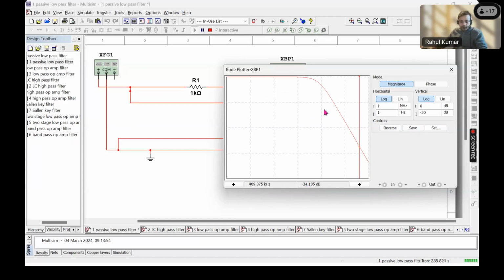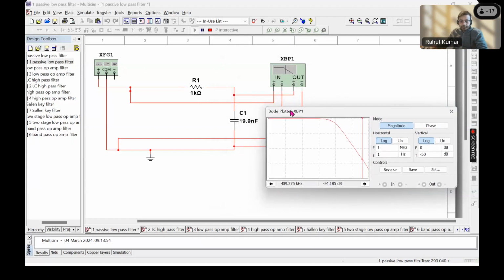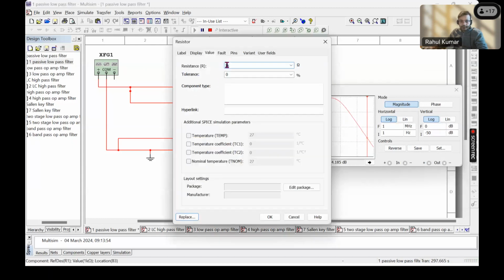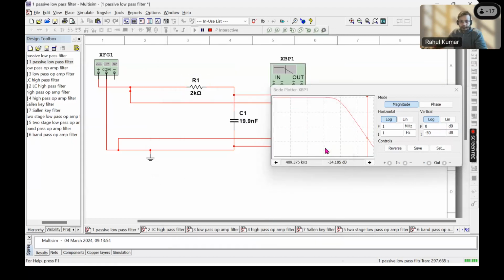Okay, now let's try and change the value of resistance. Currently it's 1 kilo ohm. Now let's make it double. Let's make it 2 kilo ohms and see what's the effect. You'll have to stop it and run it again. So let's see.